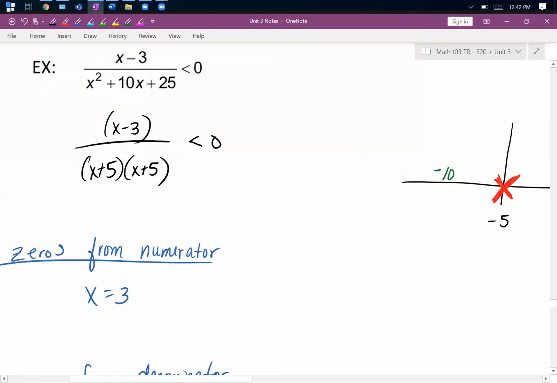So I'm just looking for how many positives and how many negatives I have. If I plug in a -10, this first factor is going to be negative. In the bottom, -10 plus 5, also negative, also negative. So 3 negatives, when I multiply and divide them together, leaves me with a negative.